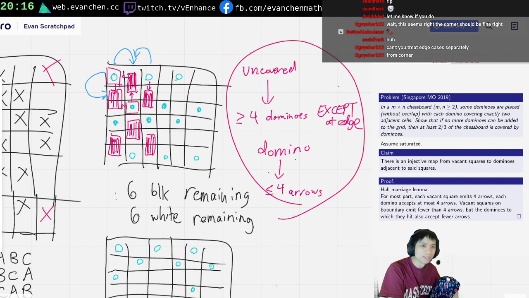Can't you treat edge cases separately from corner? Maybe. I want to do a double counting argument to get the... Oh, Lord. I think I can force it to work, but it's not going to be pretty. But I think I can force it.